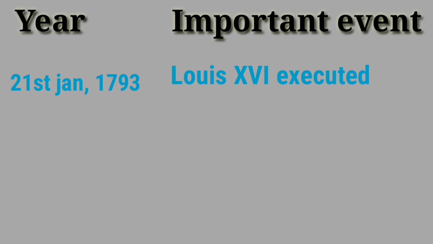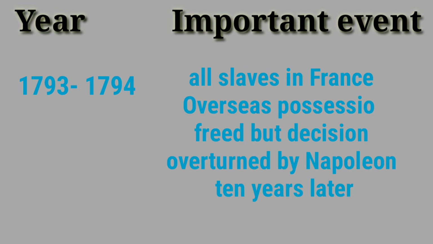Then in 1793 and 1794, it was the time of the Reign of Terror. At that time slavery was abolished, but later after 10 years Napoleon Bonaparte started the slavery system again. But this date must be remembered, because on this date it was abolished for a while.